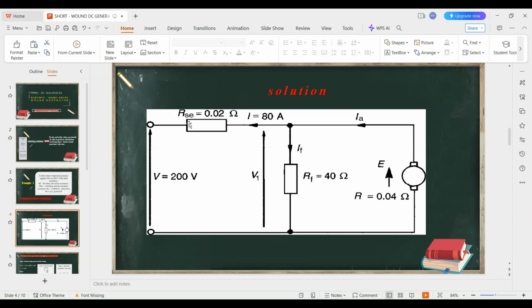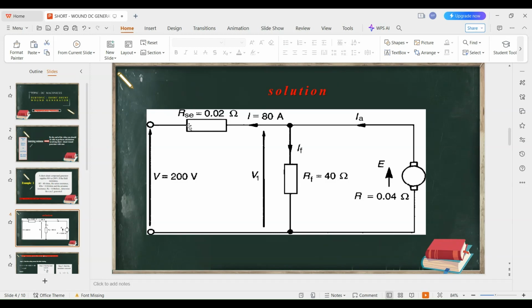How do we calculate the field current? This is the current flowing through the resistance RF. We have V and we have R, so using Ohm's law, current is given by V over R. In our case, we use V1 over RF, that is 201.6 divided by 40.